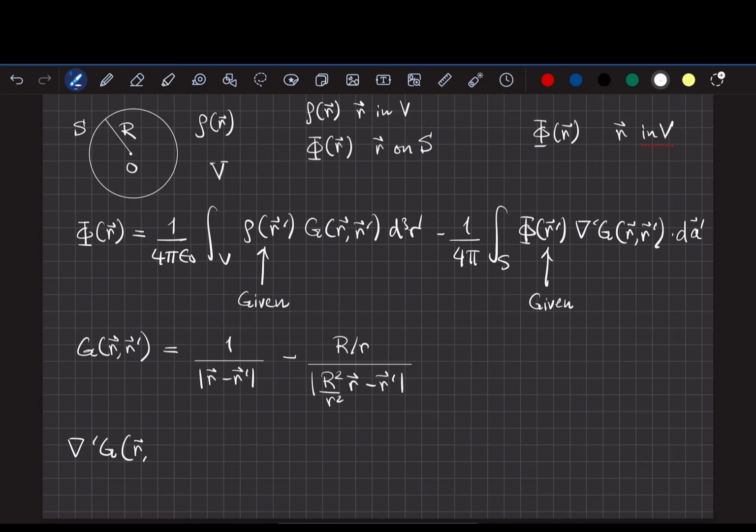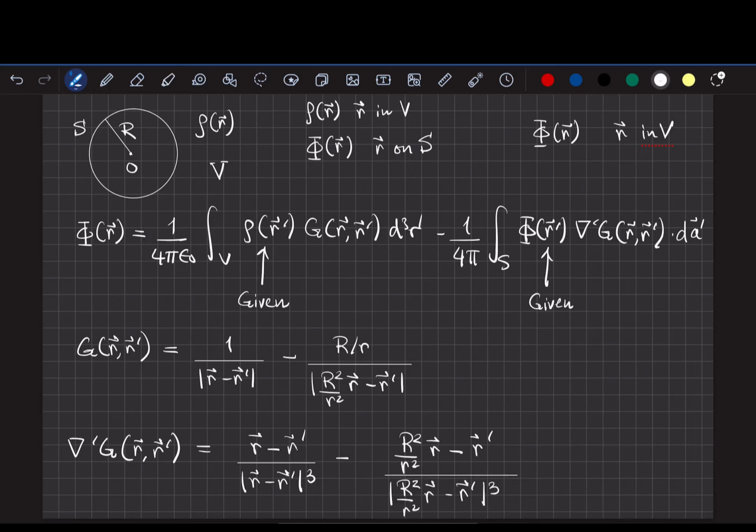As we had discussed in the previous lecture, what is the gradient of the inverse distance function? This is just r minus r prime by r minus r prime cubed, with a minus sign. Alright, so you can just substitute this.